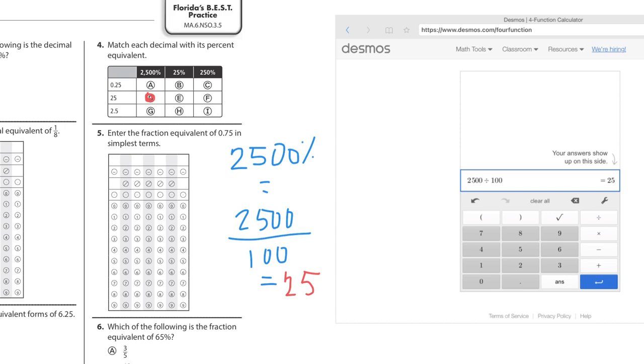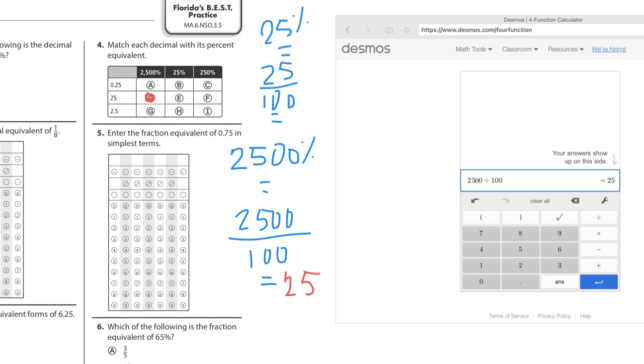We have 25%. So 25%, we have to write it over 100. And when we go to our calculator, what does that give us?